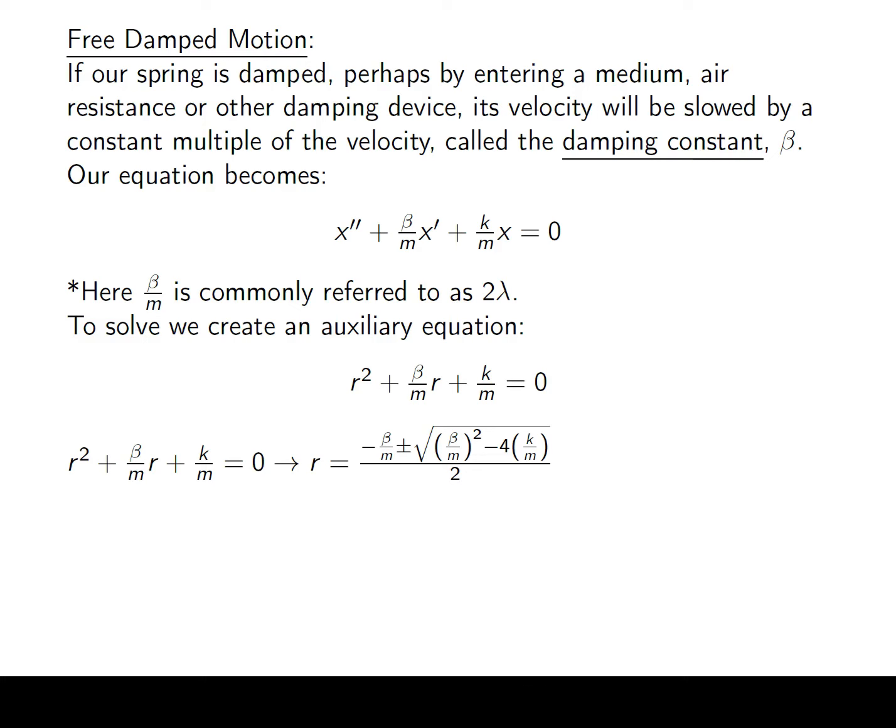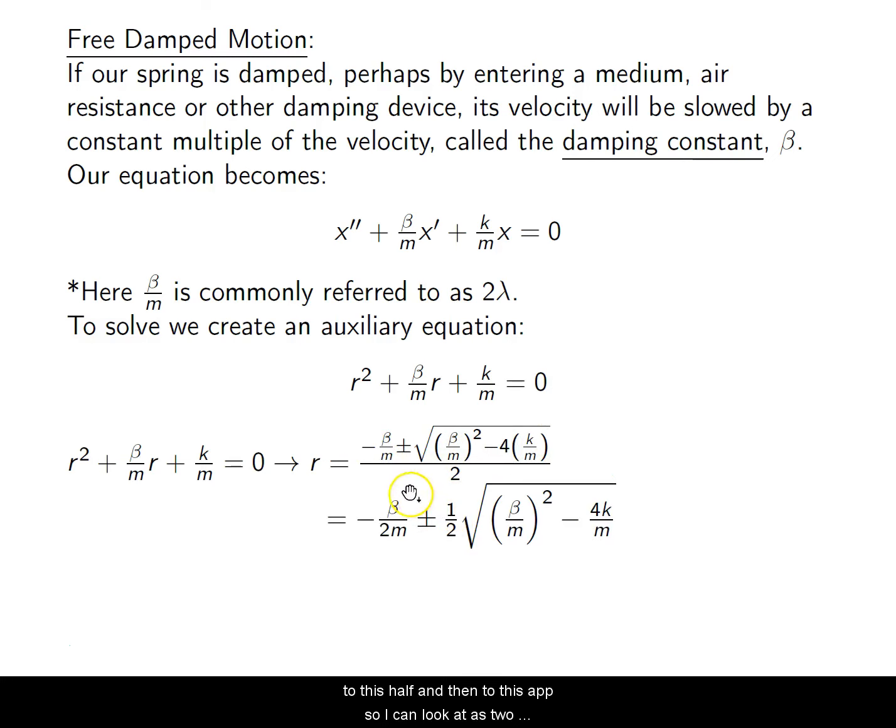Okay, so to finish my derivation, I'm going to separate this into pieces. Basically what I mean by that is I'm going to split this 2 to go to this half and then to this half, so I can look at it as 2 different pieces. I'm going to do a little bit of algebra over here to make things nice. Basically what I'm going to do is factor out a 4 right here.